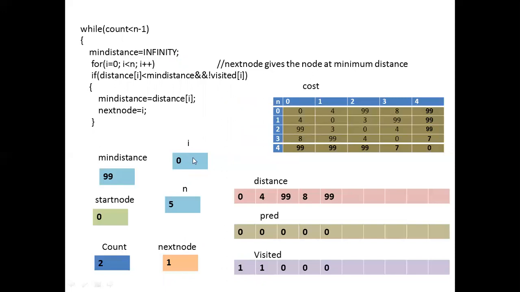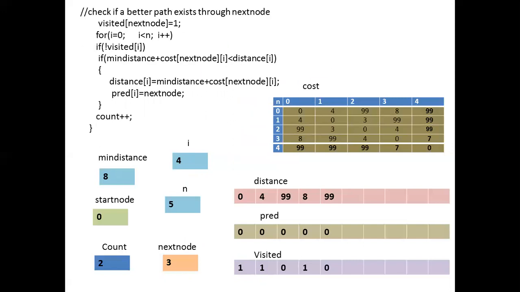Like that it goes on executing. I will be incremented and it will execute till the I value becomes 5. After that, once again the count value will be incremented.